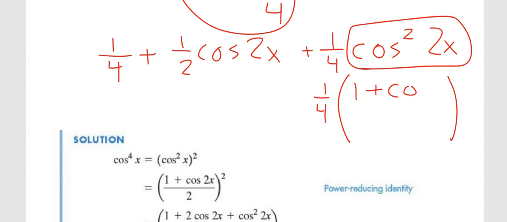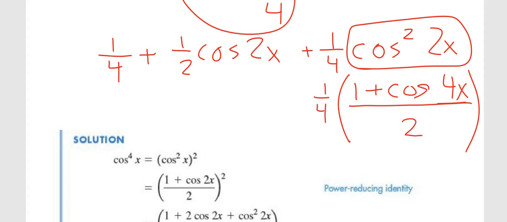Now, here's where we have to be careful. This isn't cosine squared x. This is cosine squared 2x. So what is going to go right there? 4x, right? Because you're doubling the 2x. That's a little bit different.